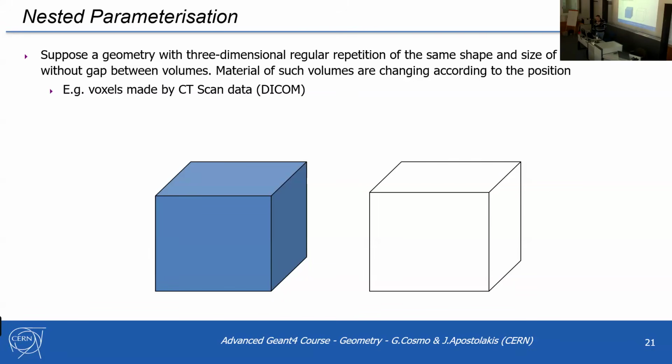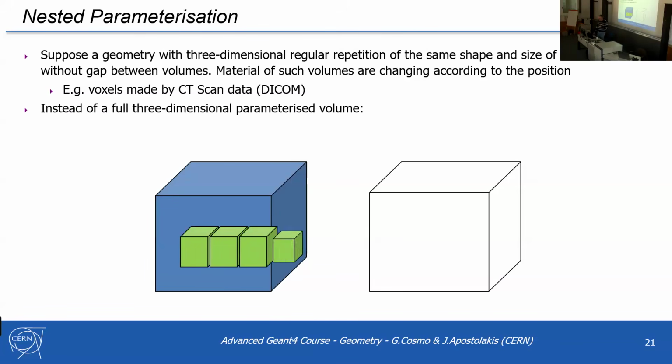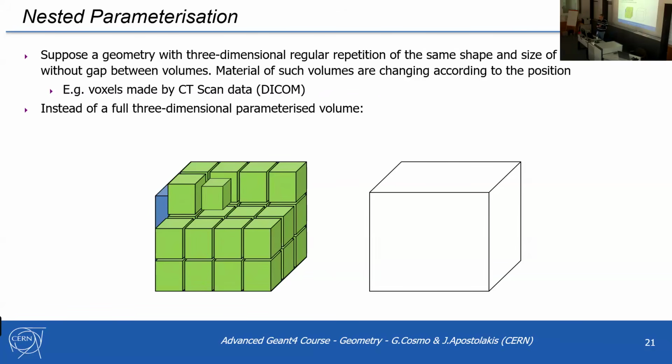So it may come natural at first to create a three-dimensional parameterization of this kind. Okay, so you simply parameterize the position of these cubes in 3 dimensions, and you create as many cubes until you fill the full mother volume.